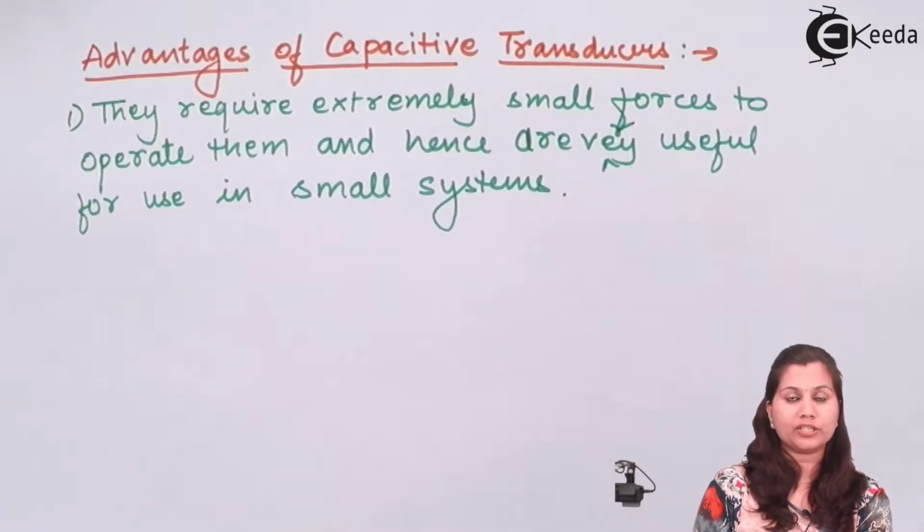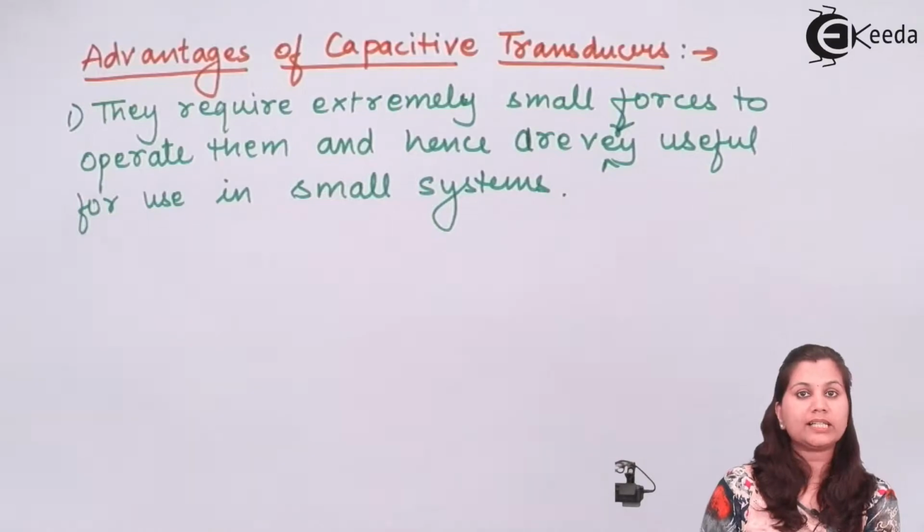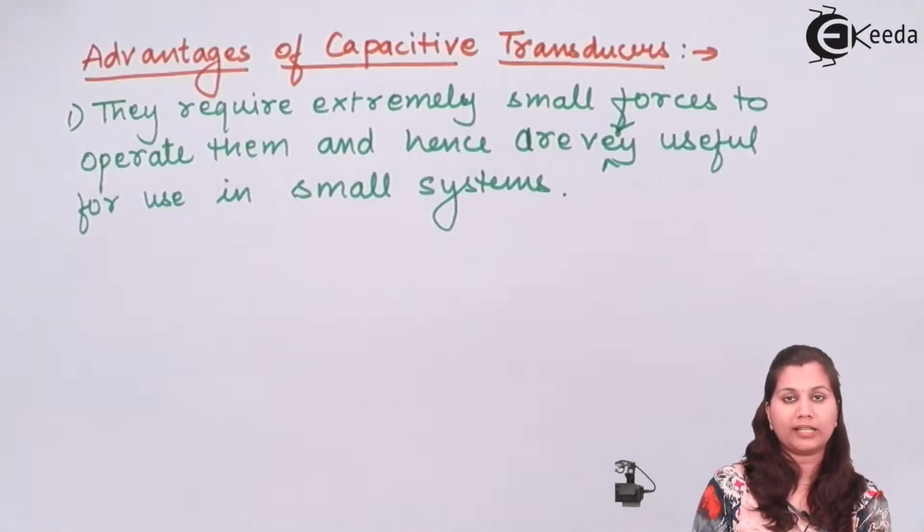Now this auxiliary source has to be provided externally, so they are called externally generated or externally powered transducers.